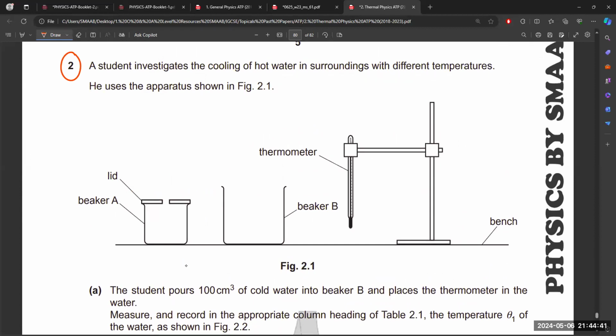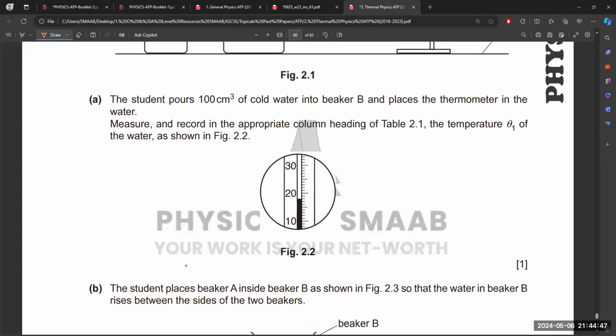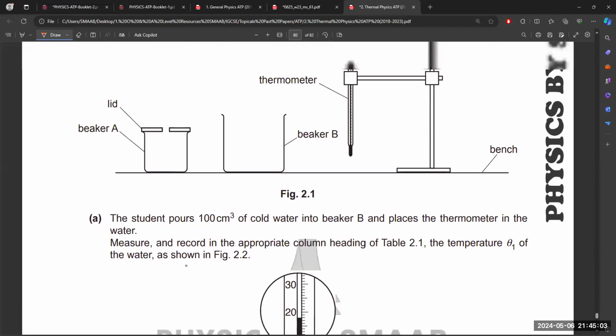Sometimes they ask for a graph in thermal physics also, values are given, and sometimes the apparatus is already given in magnified form and you have to record the reading. In the light section, light is completely different from these three sections, so we have to practice light questions more compared to the journal, thermal, and electricity questions.